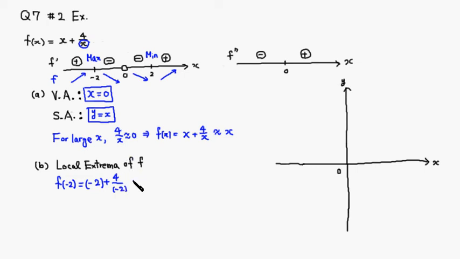That will give you negative 2 minus 2, so it's negative 4. So the local maximum value is negative 4, so this is a local maximum.